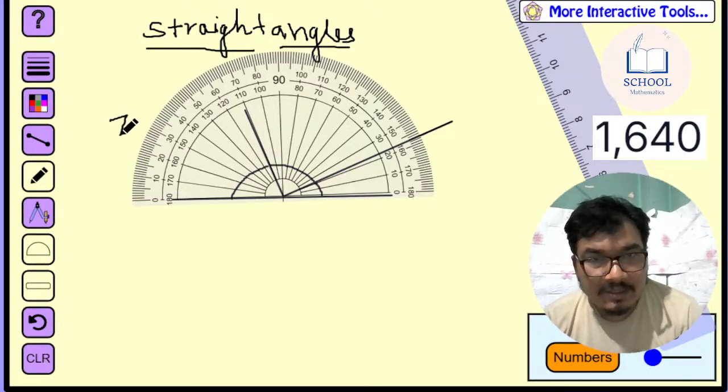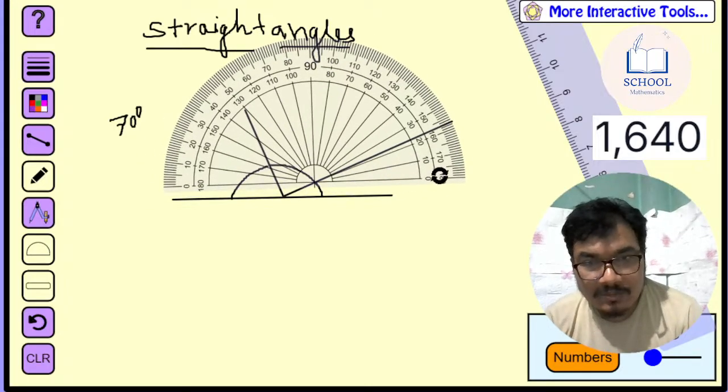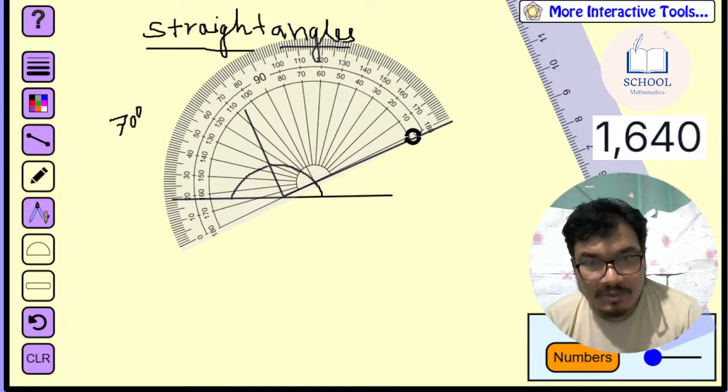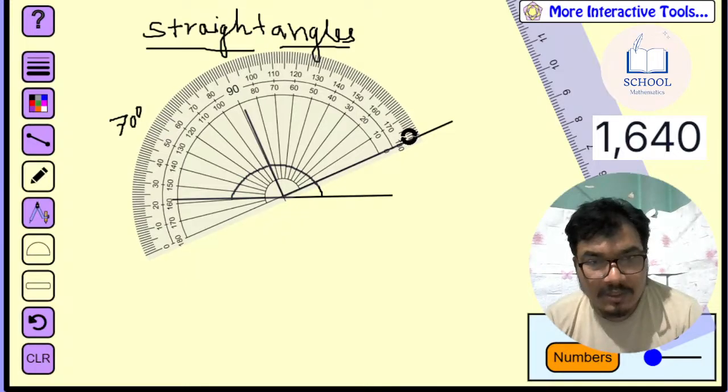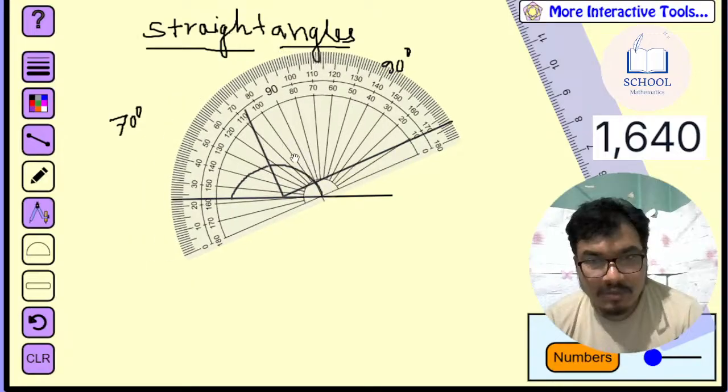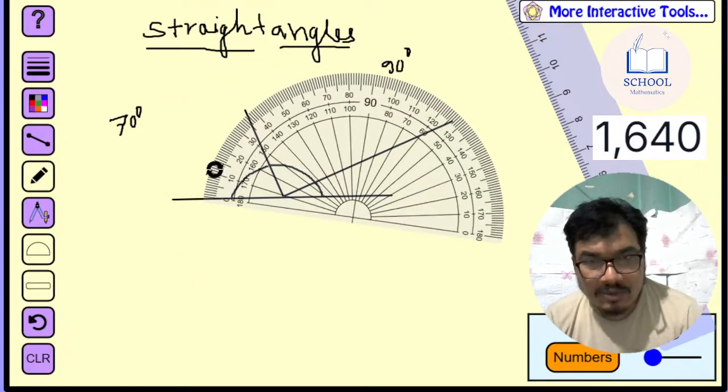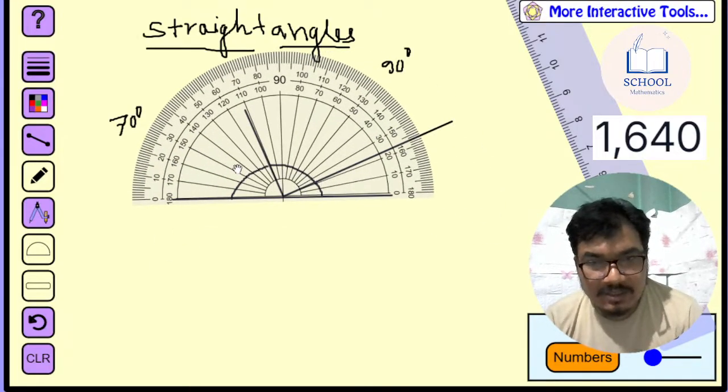This angle is 70 degrees, and the middle one, look there, how much does it look, and like this you have to put, and it is 90. Okay, the middle one is 90 degrees. Now, and this side one, look how big this angle is, see.